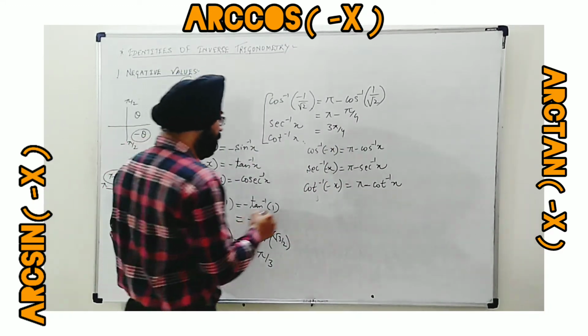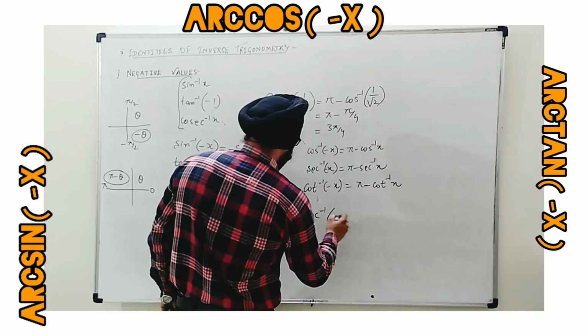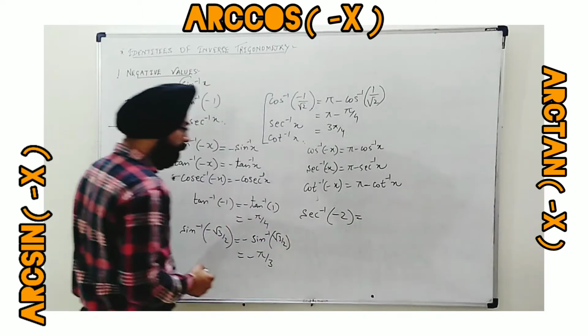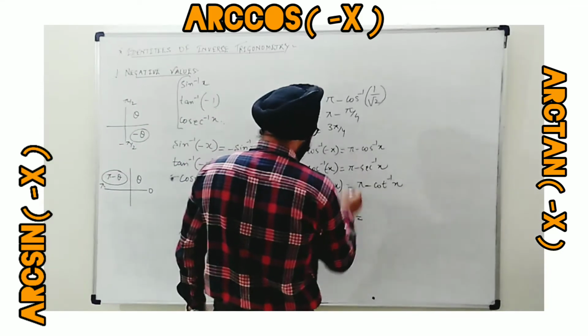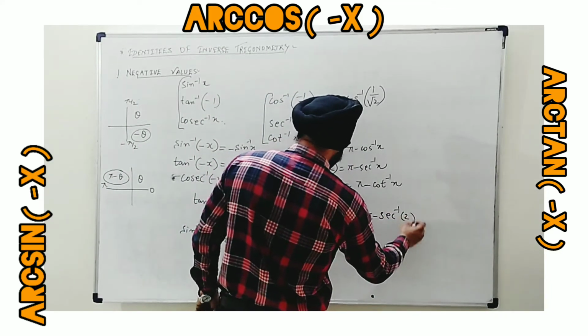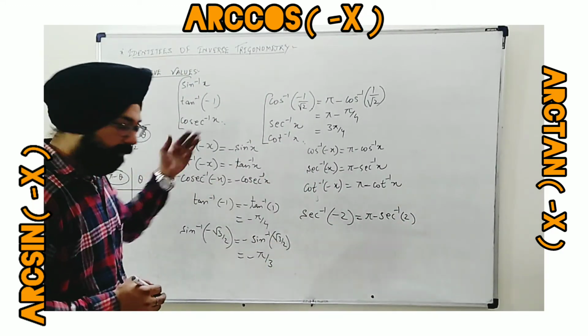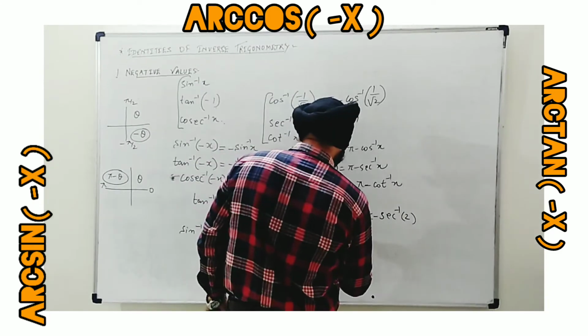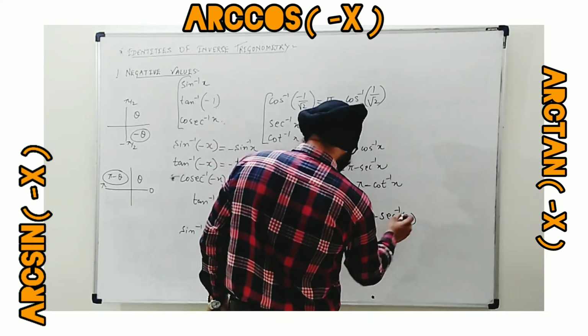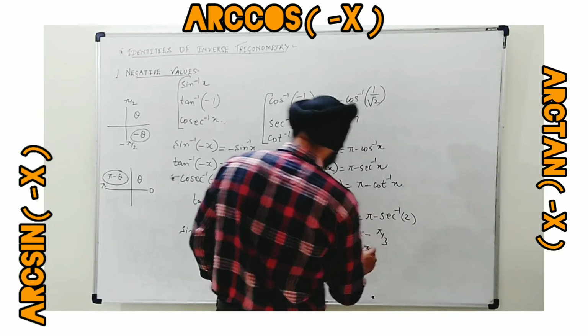More things we can see, like sec inverse minus 2. Open it by formula: this is pi minus sec inverse 2. To simplify sec inverse 2, again from the first quadrant, it is 60 degree, pi by 3, so it comes to pi minus pi by 3, which is 2 pi by 3.